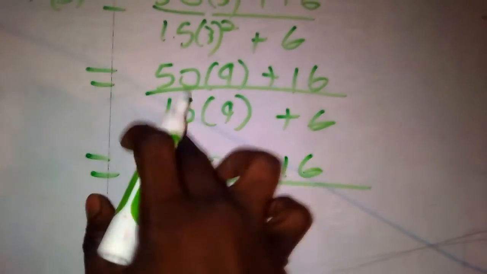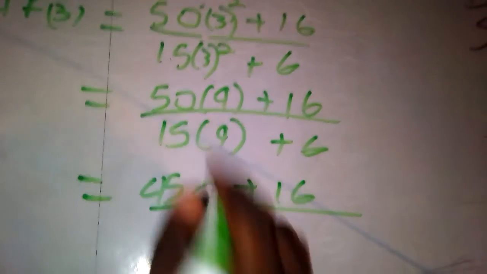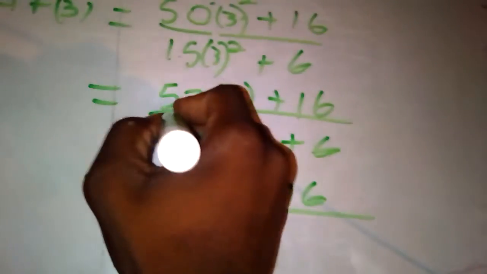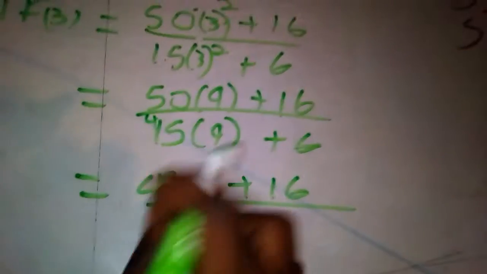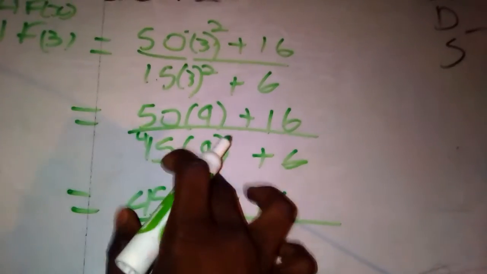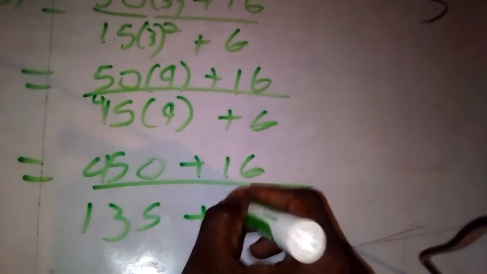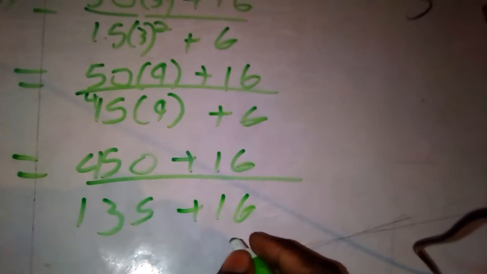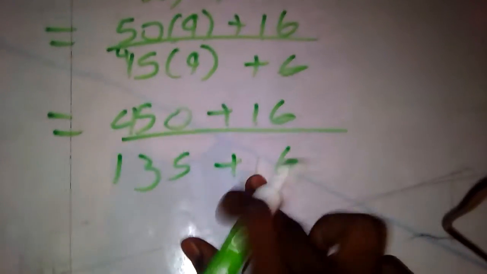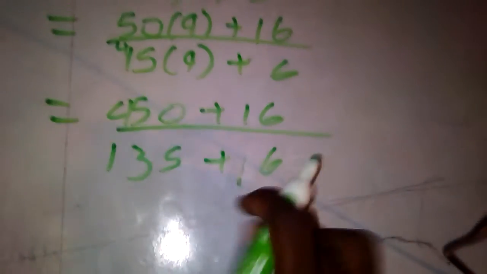Then 15 times 9: 9 times 5 is 45, so I put the 5 and carry the 4, 9 times 1 is 9, plus 4 is 13. So 9 times 15 is 135. My apologies, this is not 16, we had a 6 here, so I put back the plus 6 here.